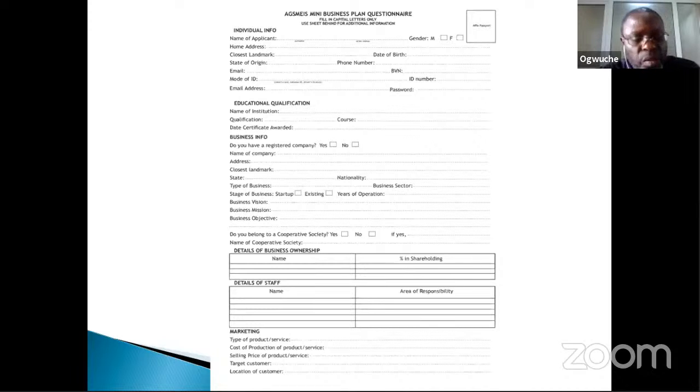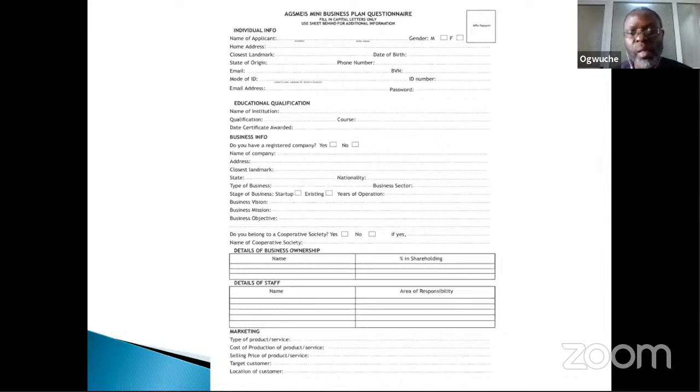Their projection and fear is that because of the cost of production during this Christmas festive period, they are likely to sell just one chicken for close to about 10,000 naira. So you can imagine, if you are selling one bird for 10,000 naira, how much you'll be selling a goat or a ram.